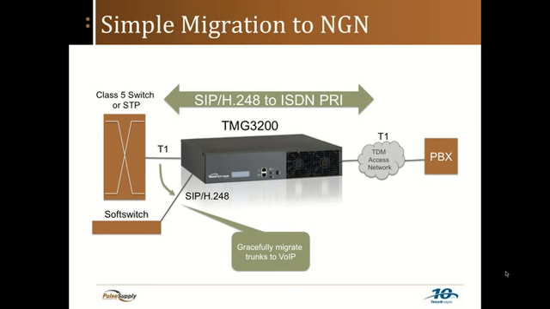It's simply a matter of configuration, and you have the flexibility to perform that configuration when you like, when you are ready to perform this migration, either on a subscriber basis or on a switch basis. It's easy for you to be able to change the configuration of the gateway and migrate it to your next generation architecture.